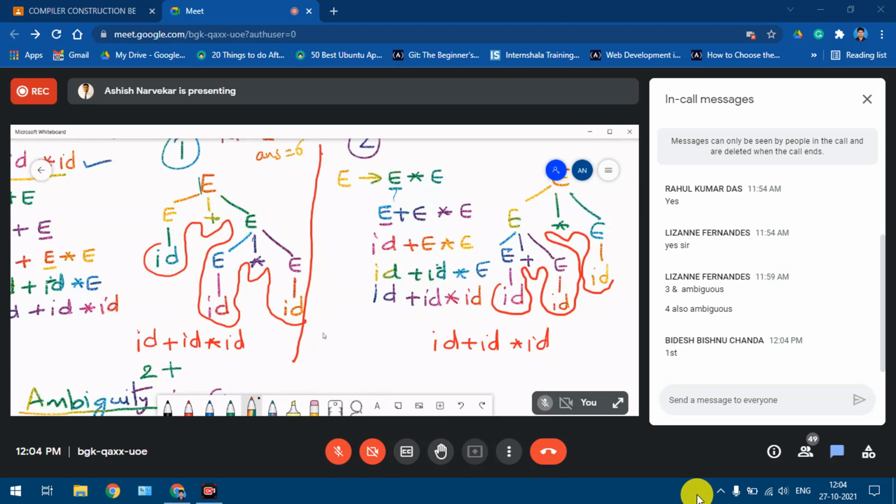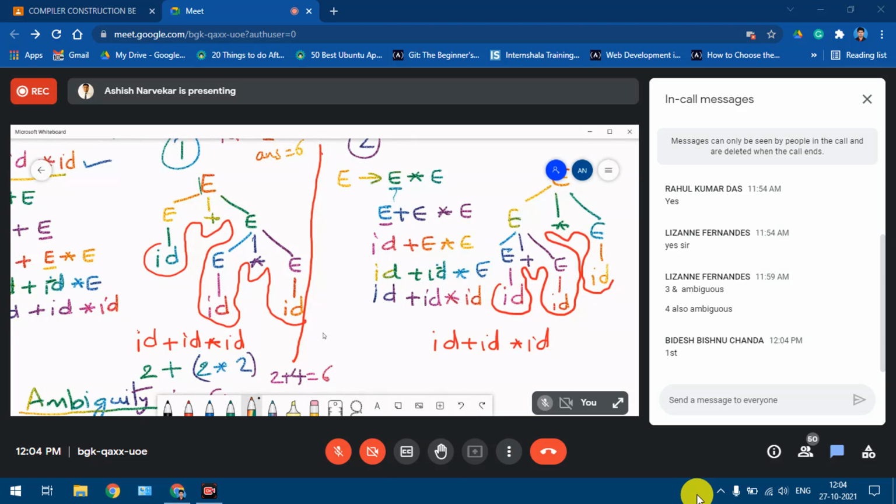That means the parser or the system will wait for this particular calculation to take place. This calculation is 2 into 2, so it will wait for this to take place, correct? Once this calculation is done, that is 2 into 2 is 4, that will be added to 2, which will give you 6.